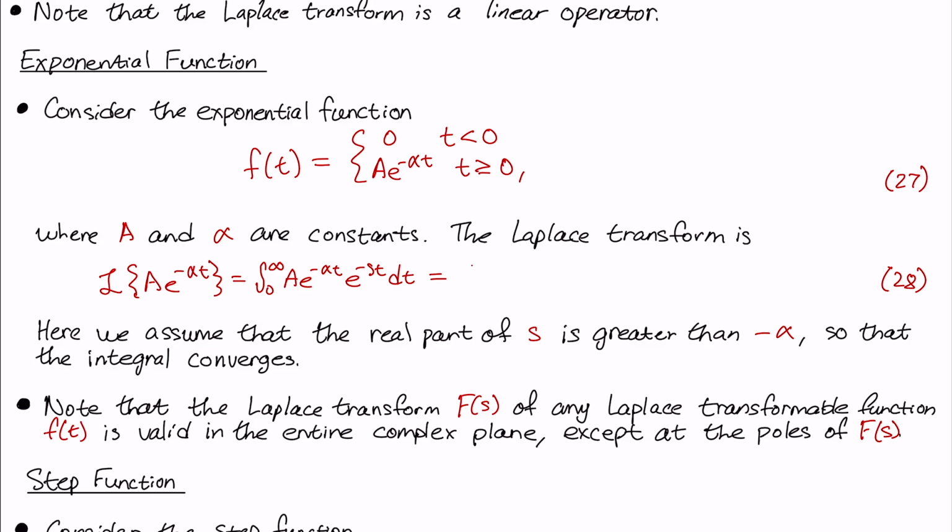We can pull out the a because that's just a constant, integral from 0 to infinity of e to the minus alpha plus s, all that times t dt. And if you compute this integral, you'll find that it ends up becoming a divided by s plus alpha.